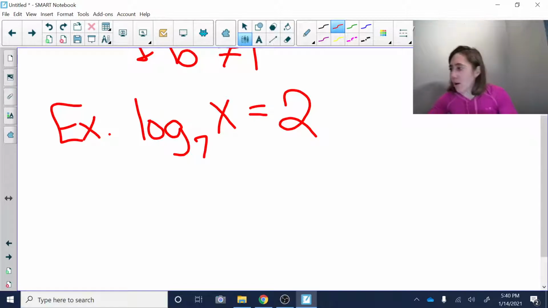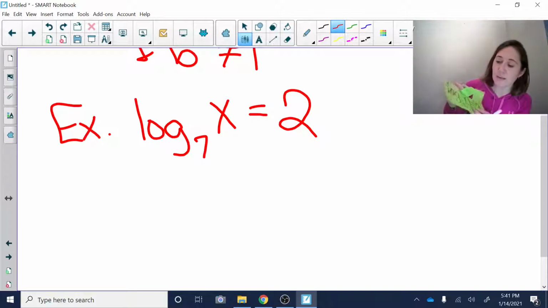So let's take our little foldable and fill in numbers here. So I have log base 7 of x equals 2, and I want to work on converting this over to exponential form.